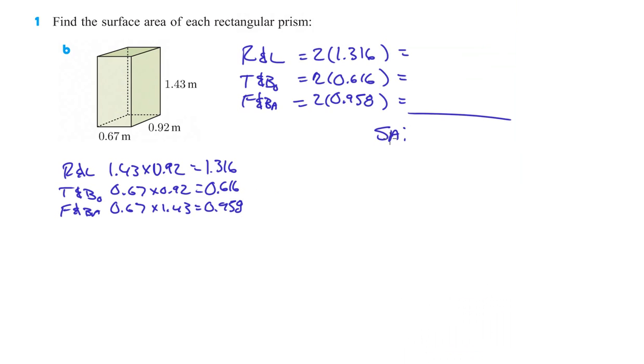Okay, so now possibly an easier way of doing this is, let's not even do the doubles yet. Let's do 1.316 plus 0.616 plus 0.958, and then we will add those all up and then double that, and that will equal our surface area.